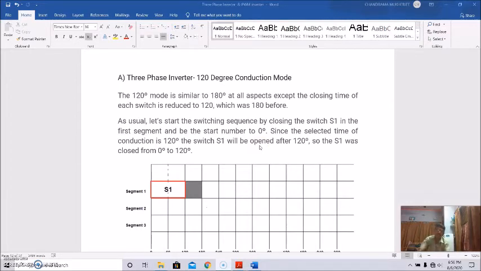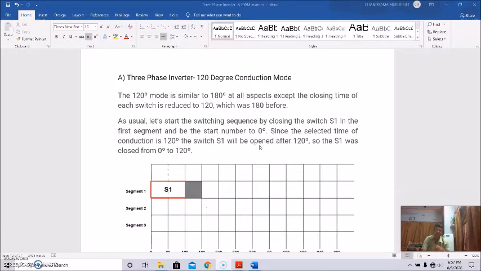For segment 1, S1 and S2; for segment 2, S3 and S4; and for segment 3, S5 and S6 are responsible for operation. It was also discussed that in no segment are the two switches operated simultaneously, because it will short circuit the input source.